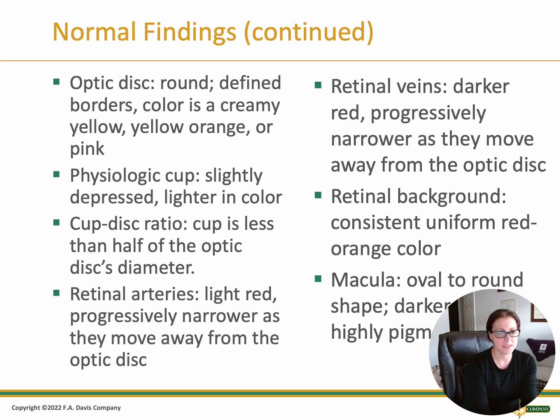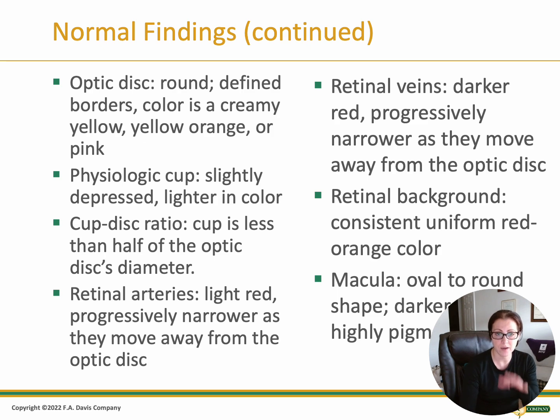The cup is less than half of the optic disc's diameter, and the retinal arteries should be red. There shouldn't be any cloudiness, there shouldn't be any damage, and they get thinner and thinner as they move away.